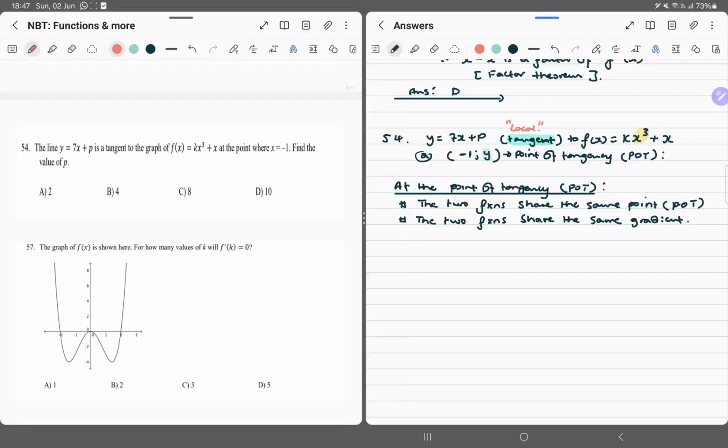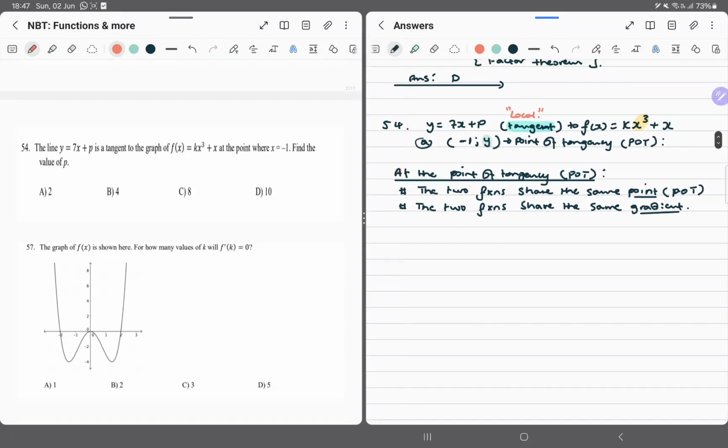So there are two things shared between the two functions at the point of tangency. They share the same point, which is the port, and they share the same gradient. So if we know the gradient of the one, then we know the gradient of the other function as well. So there's a point and the gradient issue.